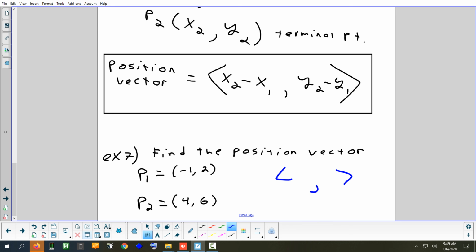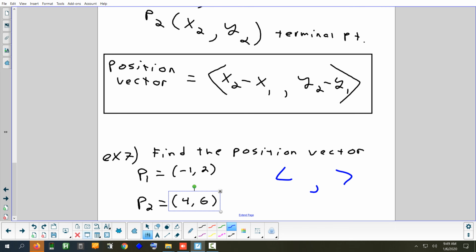Okay, what am I going to subtract to get the number before the comma, the first number? So let's take a look. X's, yep, 4 minus -1.